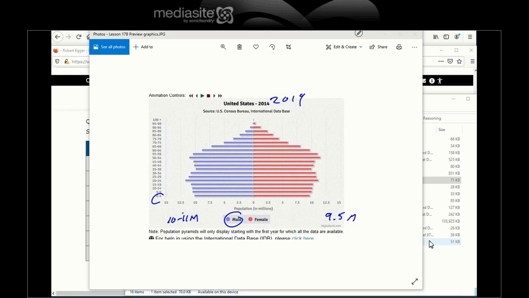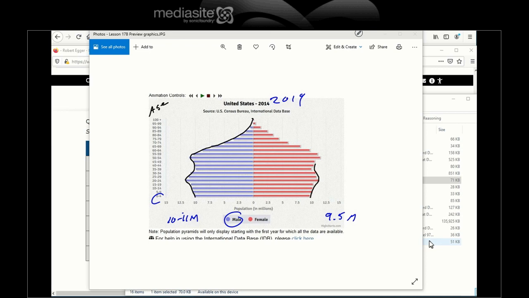So we must have had higher birth rates or a lot of immigration occurring. But look, as age goes up, we have an increase of male, a dip, an increase, and then of course the die-off.